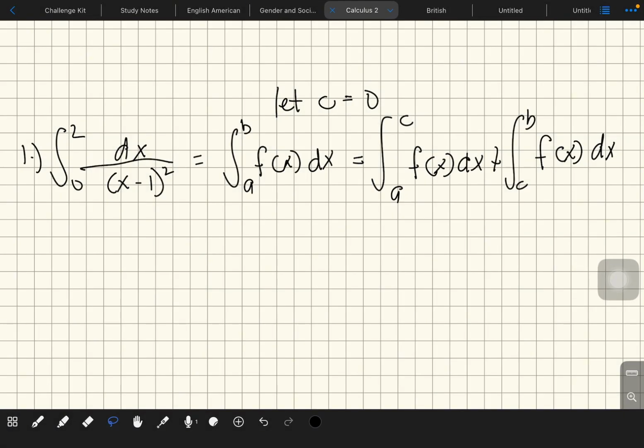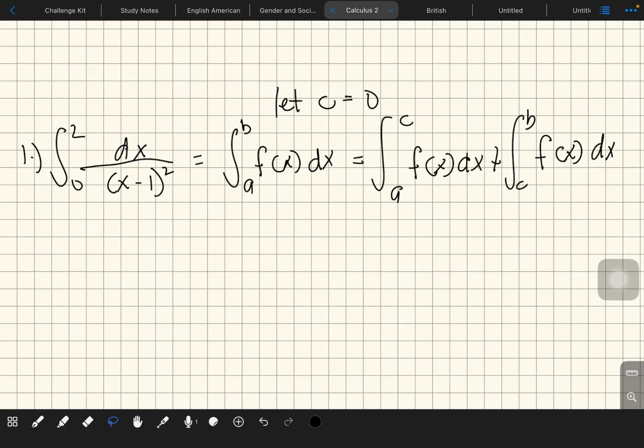Now let's proceed to the first problem. We have the integral from 0 to 2 of dx over (x minus 1) squared. This case suits case number 3 of type 2, because f has a discontinuity at c, where a is less than c and c is less than b.